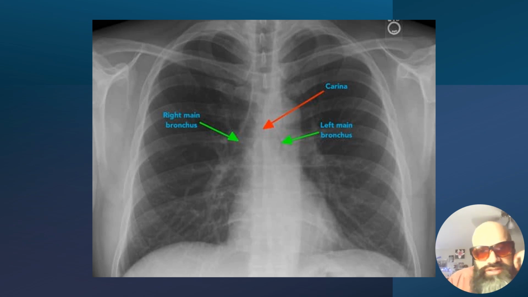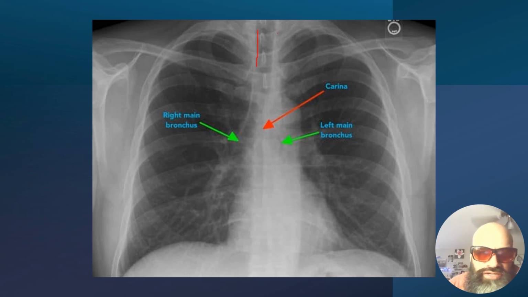Here we have a normal chest x-ray with the left and right main bronchi noted for you here. The carina is right in the center. This is a good baseline chest x-ray to compare the other ones that are on this presentation and in your PowerPoints that present with certain pathologies.